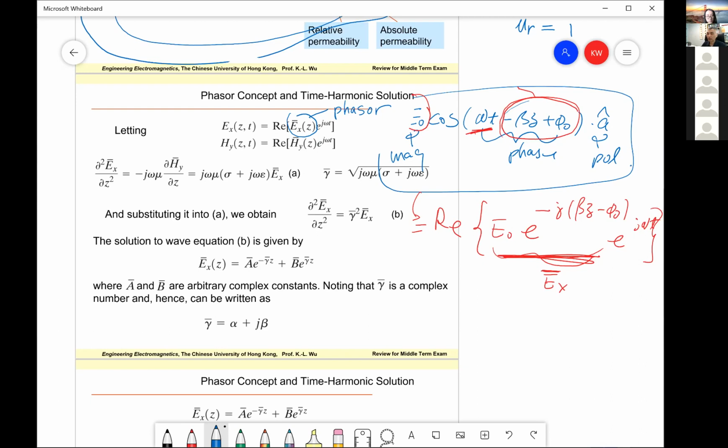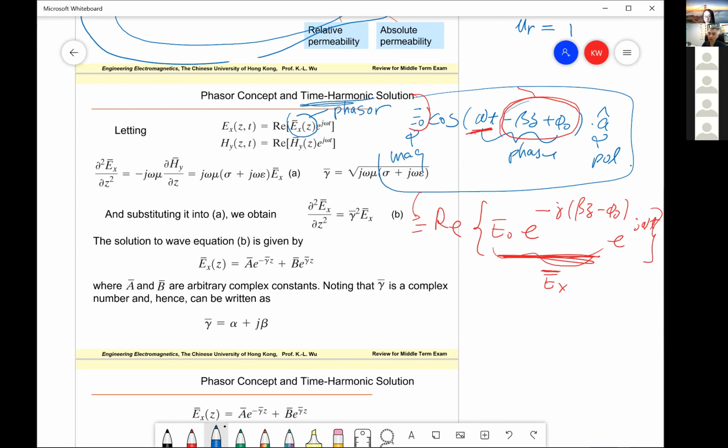Complex, we have a phase, we have magnitude, okay? But the phase itself is real, right? But the phasor is always a complex number, but not every complex number you can call a phasor, because a phasor is a specific term associated with the sinusoid wave, or time harmonic wave.